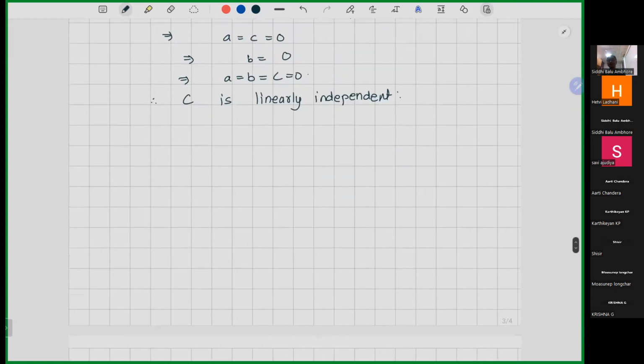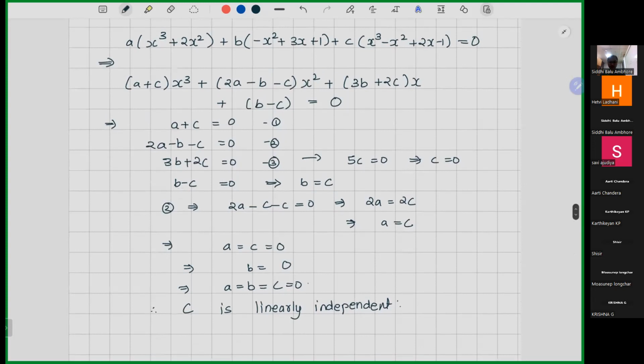Any doubt here? How we are taking all the coefficients of degrees together and then comparing. What exactly we are doing is, we have on the right side x cube plus 0x square plus 0x plus 0, okay?